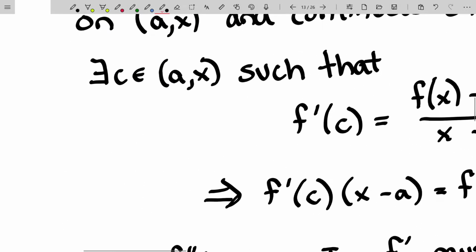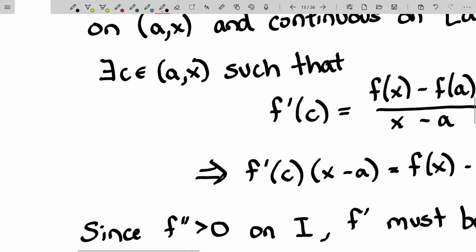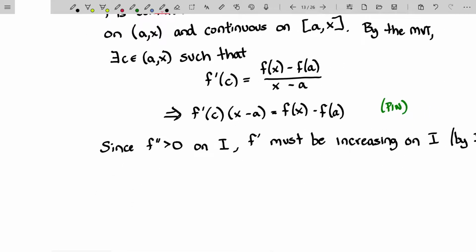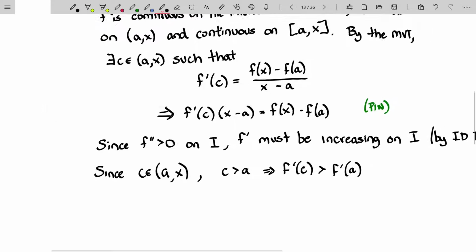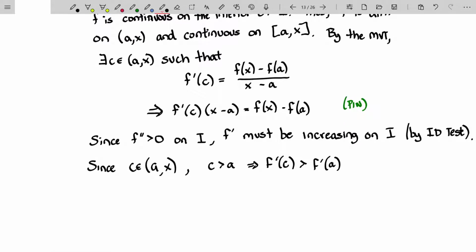So note that C is in the interval from A to X. Well, that means that, I'll even write that out, since C is in the interval from A to X, C is greater than A, which will imply that f prime at C must be greater than f prime at A because the derivative is increasing.